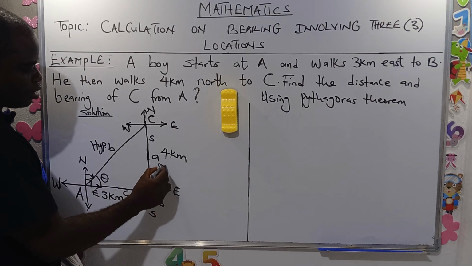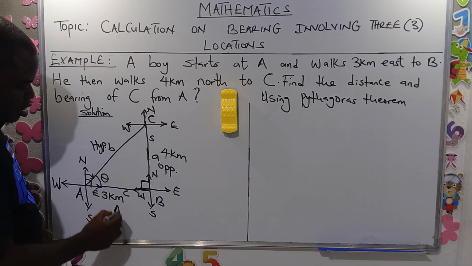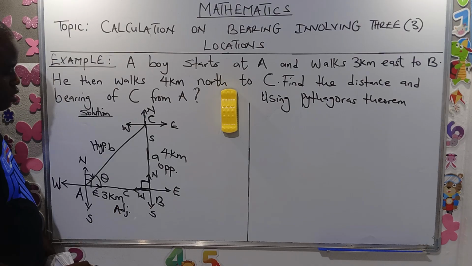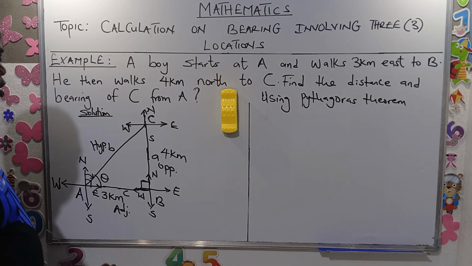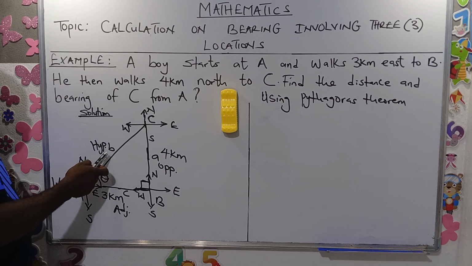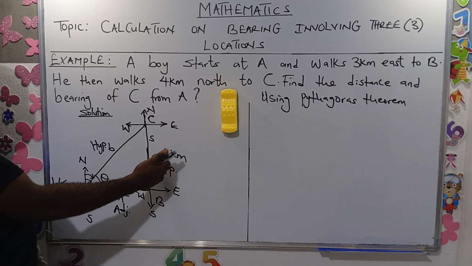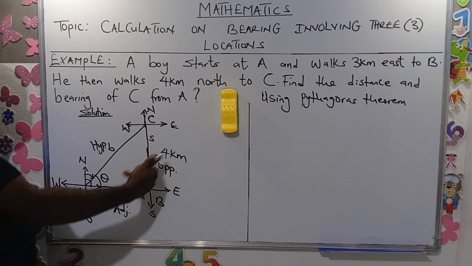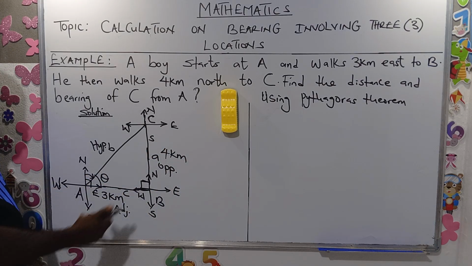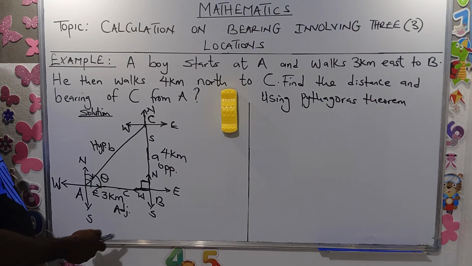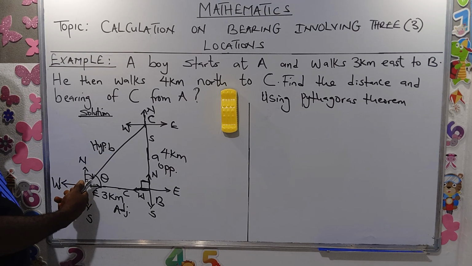This is the opposite. This is the adjacent. Using Pythagoras Theorem, the square of the longest side equals the sum of the squares of the two other smaller sides. Hypotenuse is the longest side.